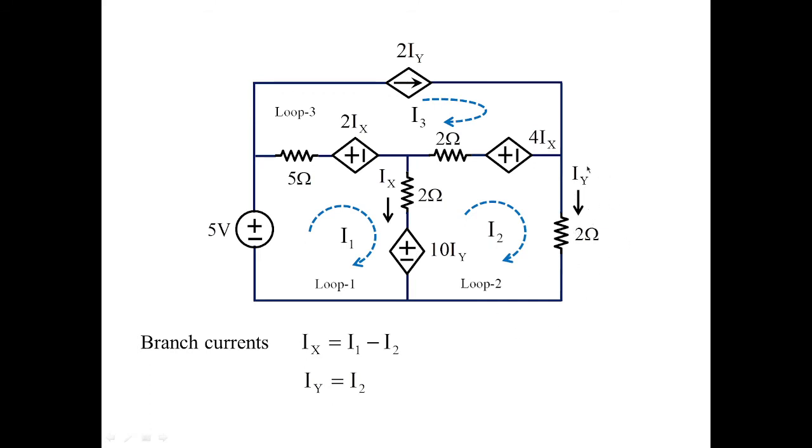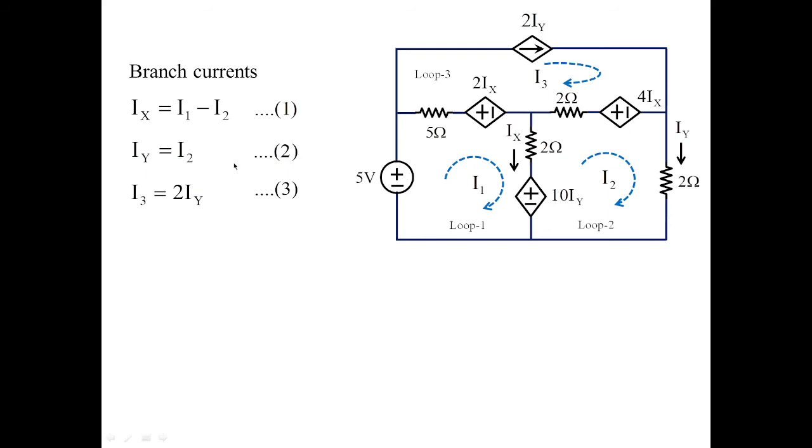Here Iy is a branch current and I2 is the loop current, both acting in the same direction, so Iy is equal to I2. And for the loop current I3, its direction is equivalent to the dependent current source 2Iy, and Iy is nothing but I2. These are the things you have to identify from the given problem. Once we obtain the branch currents, we can easily obtain the loop currents, and then finally the required branch currents, Ix and Iy.